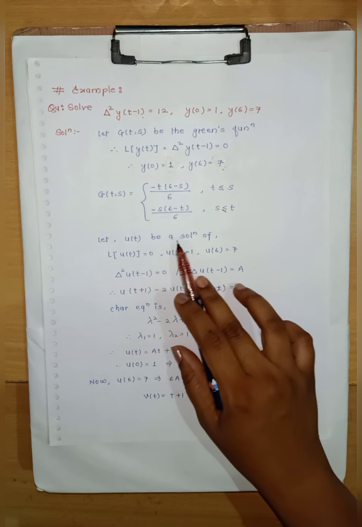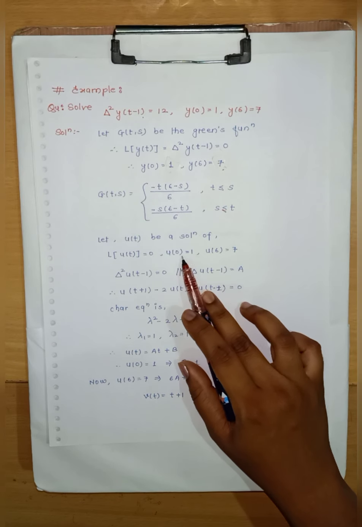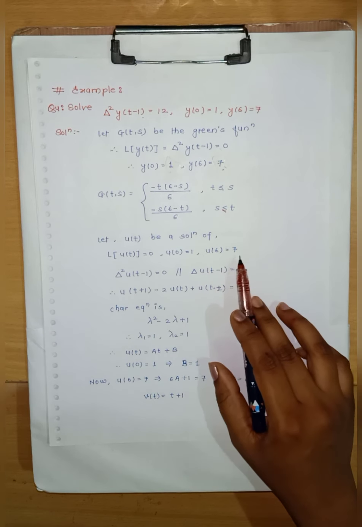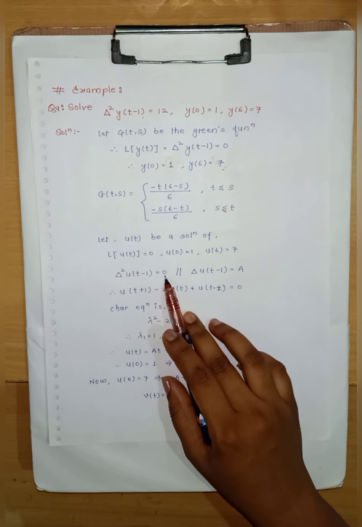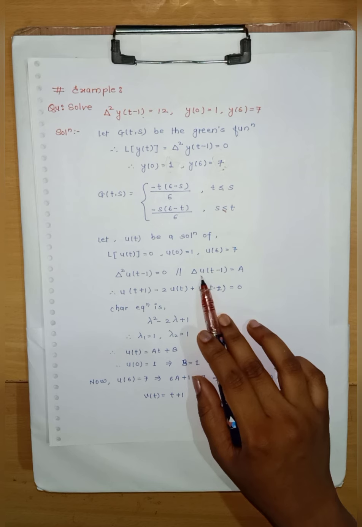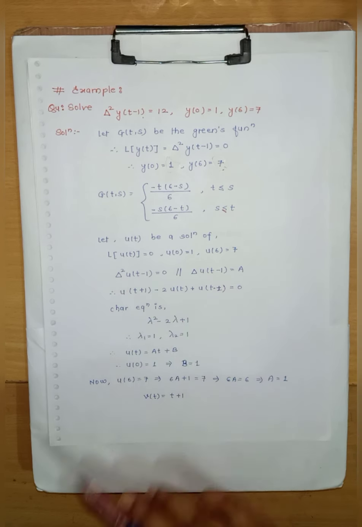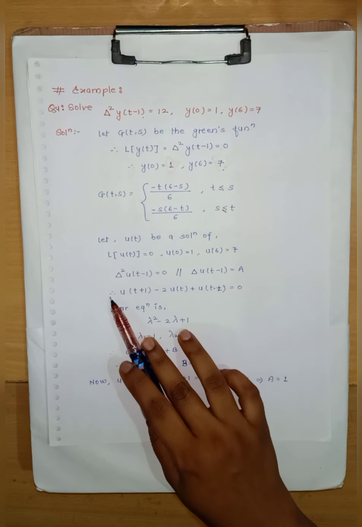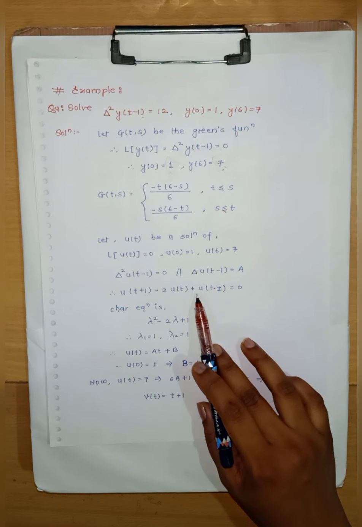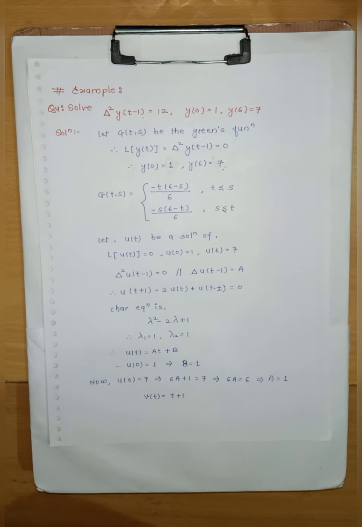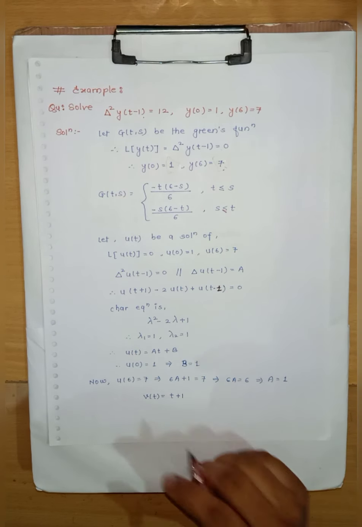Let u(t) be a solution of L[u(t)] = 0. Then u(0) = 1 and u(6) = 7. Now Δ²u(t-1) = 0, then Δu(t-1) = a, that is a constant, by applying the delta over u(t-1). Therefore u(t+1) - 2u(t) + u(t-1) = 0.